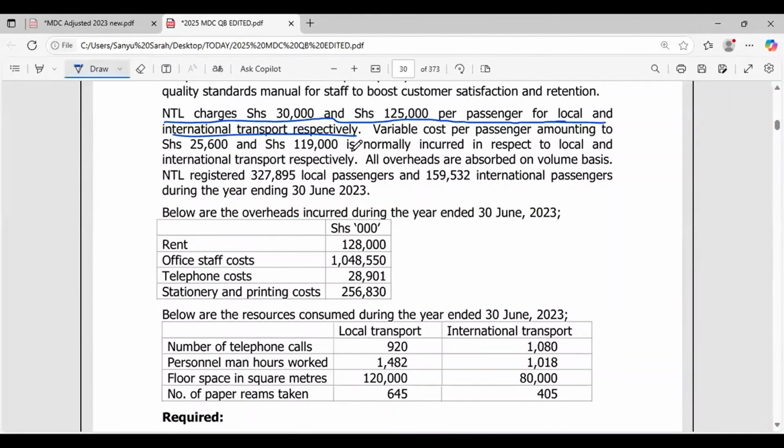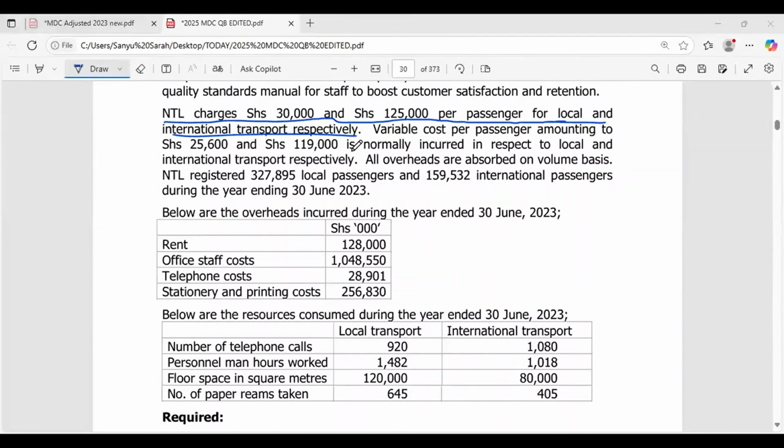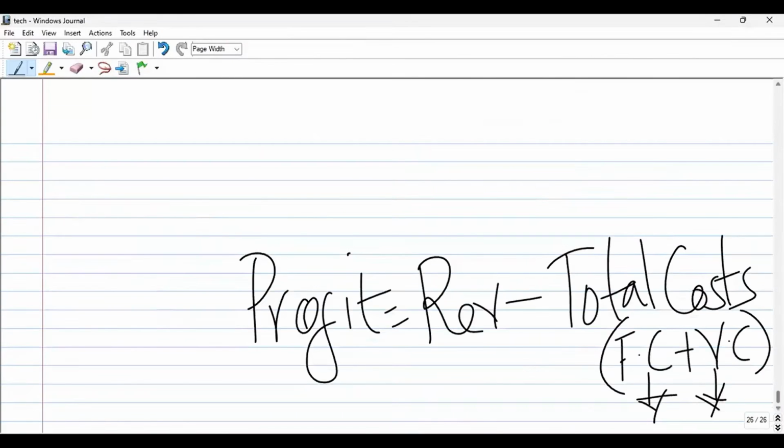So remember, revenue is price times quantity. So they've given us the prices they charge per passenger for each category. So I'm going to come and show here revenue.